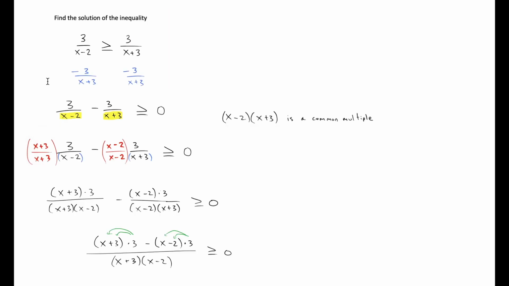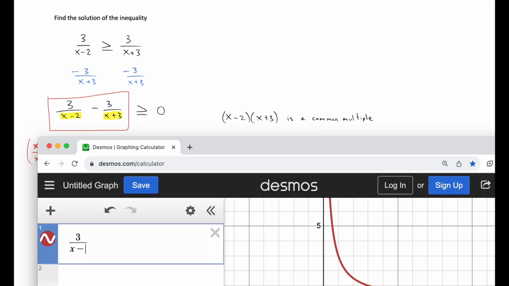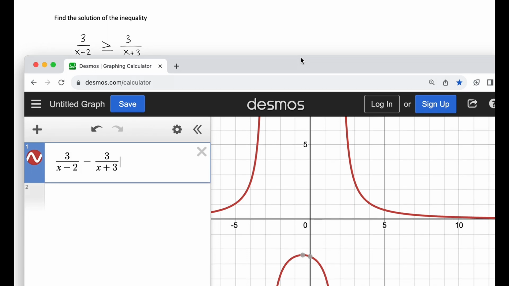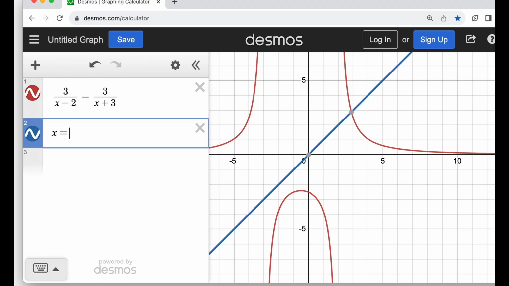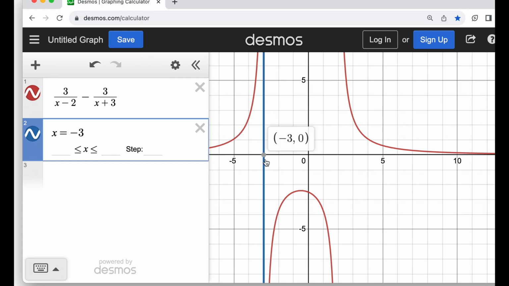I'm going to graph this side right here to see when it is positive. Yeah, so as you can see, there are regions where he's positive and regions where he's negative. At an x of -3, there's an asymptote where it switches from being positive to being negative.